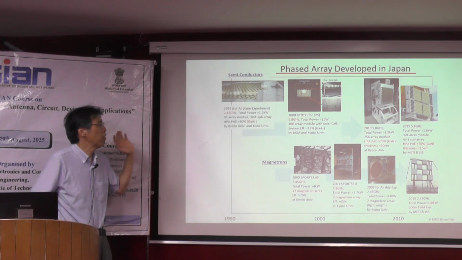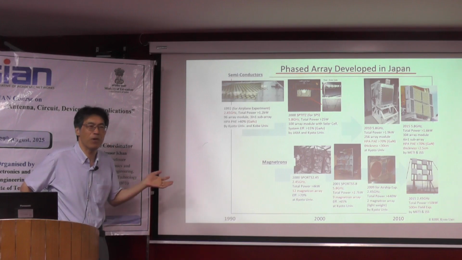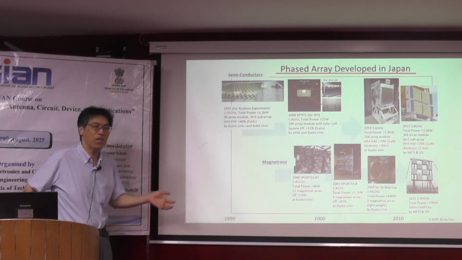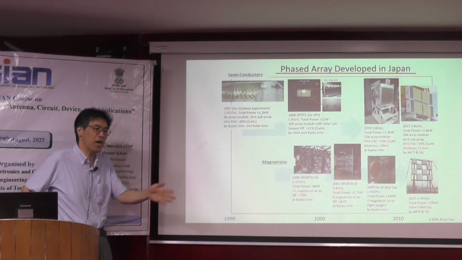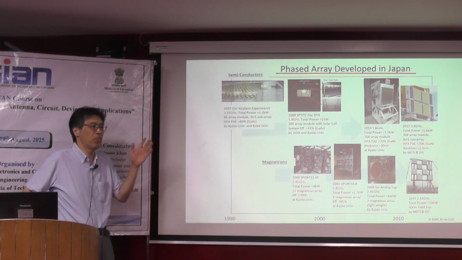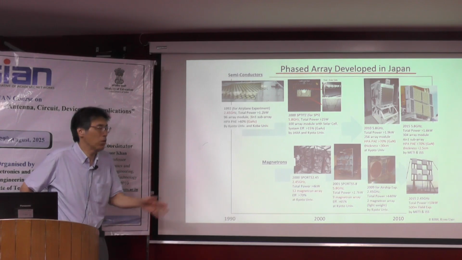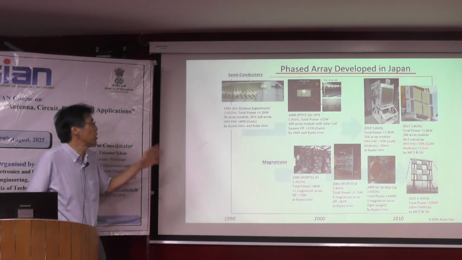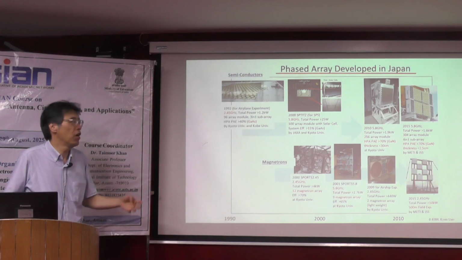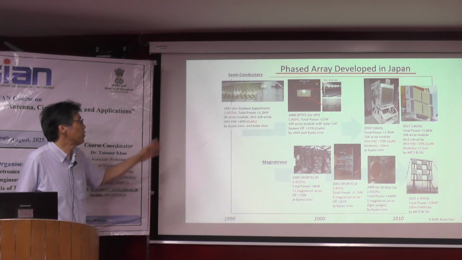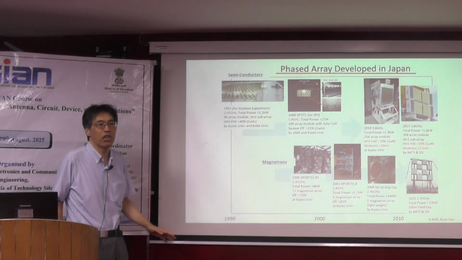But for wireless power transfer, as I mentioned, the efficiency of the circuit behind the phased array antenna is most important. So from this viewpoint, we in Japan, Kyoto University and colleagues, developed some kinds of phased array antennas.